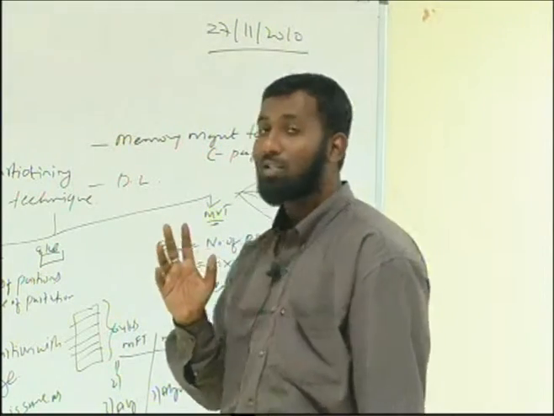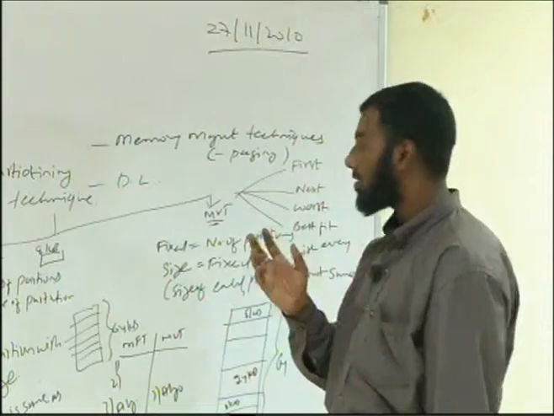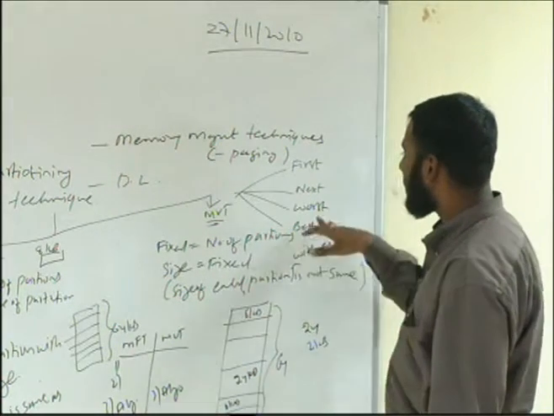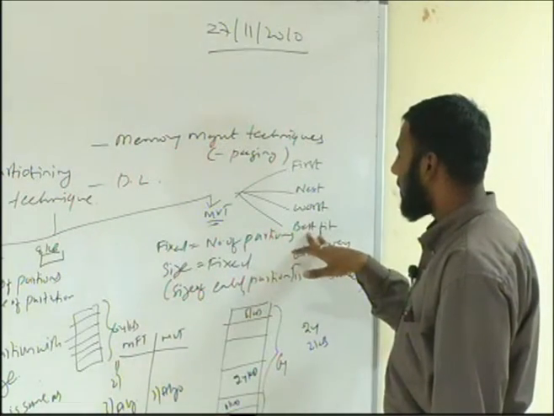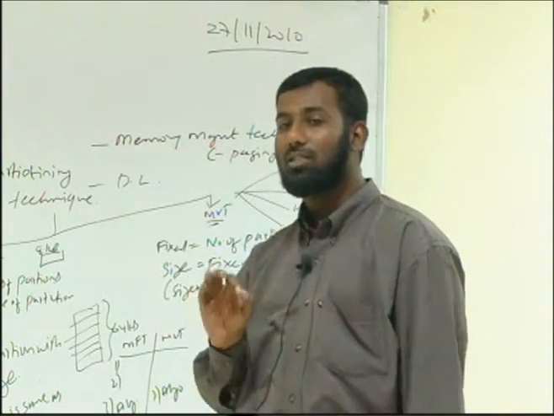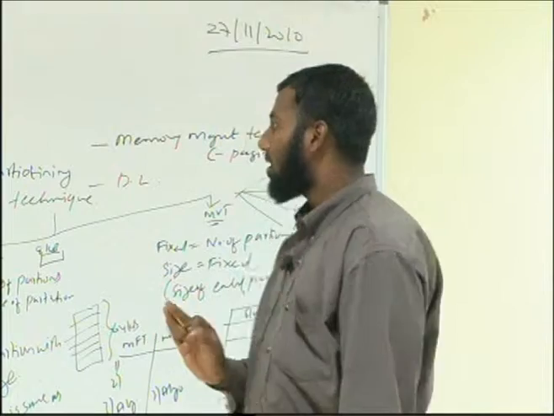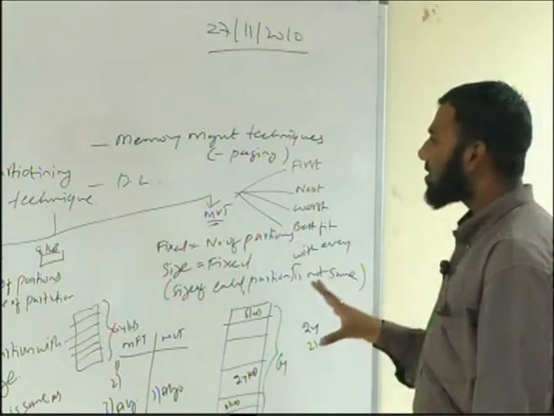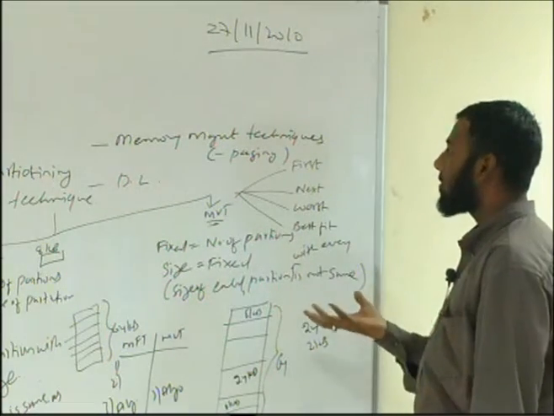If the internal fragmentation is more after allocating a process in a partition, then it is called worst fit. And in best fit, after allocating a process into memory, it should result in less internal fragmentation. This is the fundamental strategy on which these algorithms work.